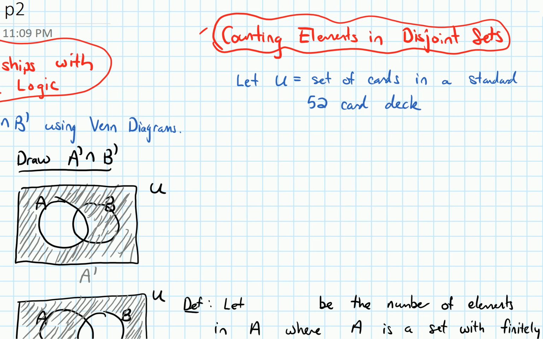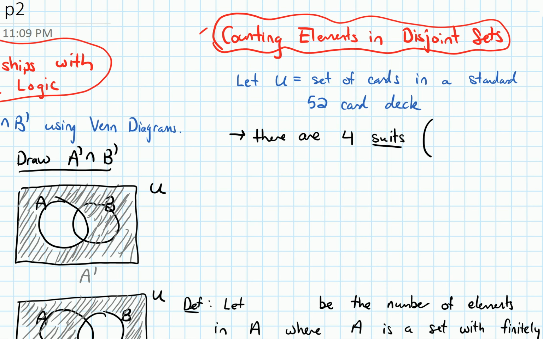So I want to do a brief overview of how decks of cards work in case you're not familiar with them. So I'm going to let U be a universal set, and it's going to be the set of cards in a standard 52 card deck. All right, and in a standard 52 card deck, there are 4 what are called suits.